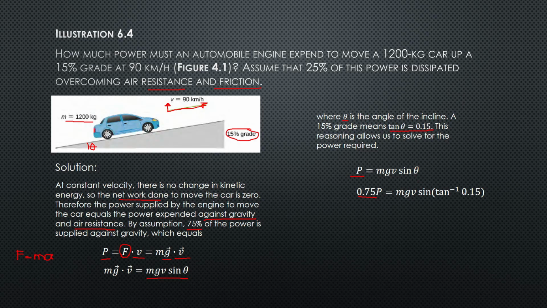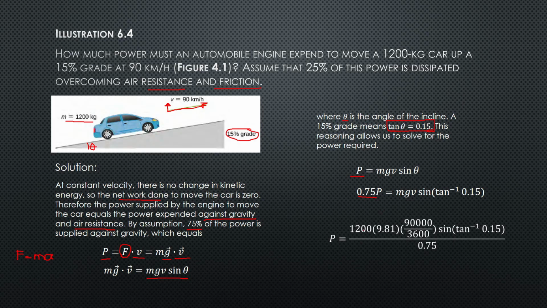Theta is arctan of 0.15 from this equation. Solving for theta, this will be the value of theta. Now substituting all the values, that will give you the power.